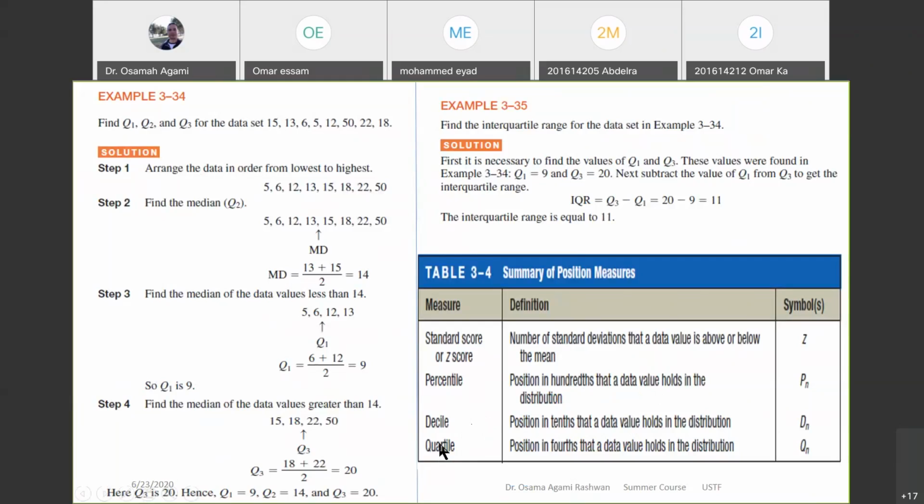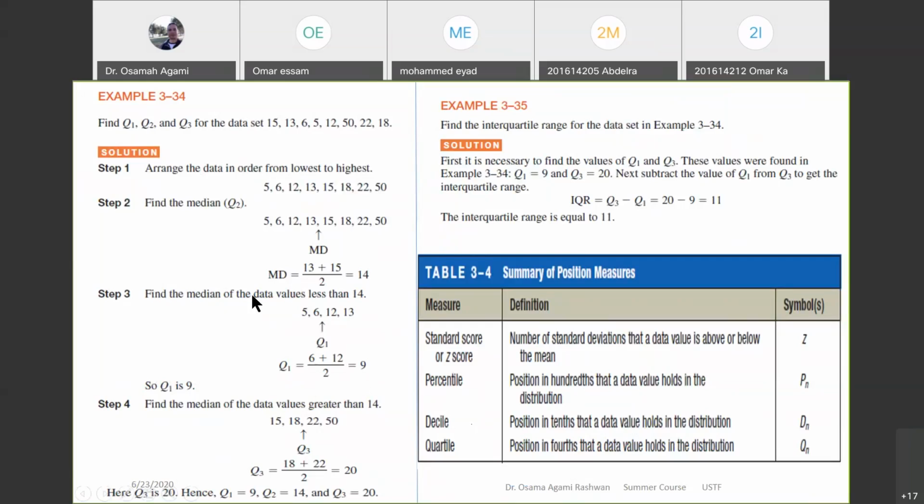But the most important one is the quartile. I have three quartiles. The first quartile means the position after 25% of my data. The second quartile is after 50% of my data, which is exactly like the median. And the third quartile is the value exactly at 75% of my data. Okay, so for Q1, 25% of the data is before this Q1 and 75% after.